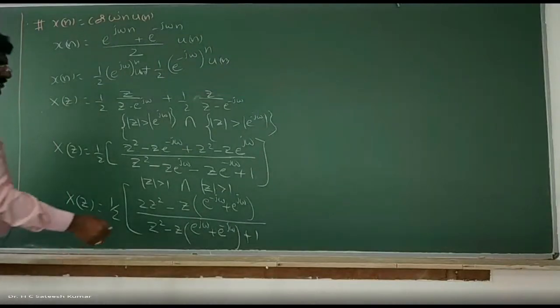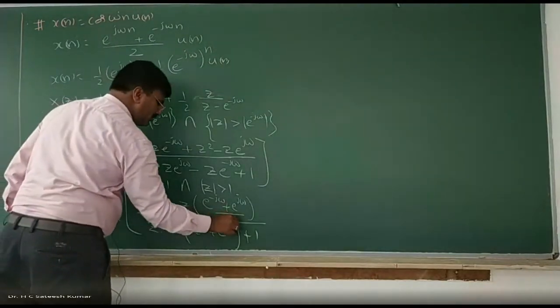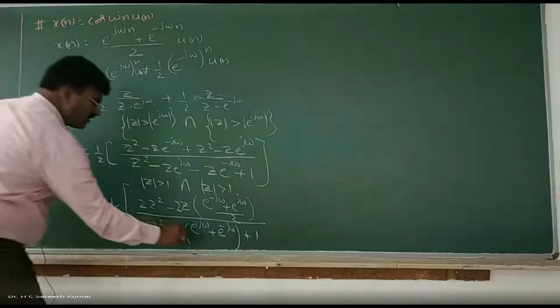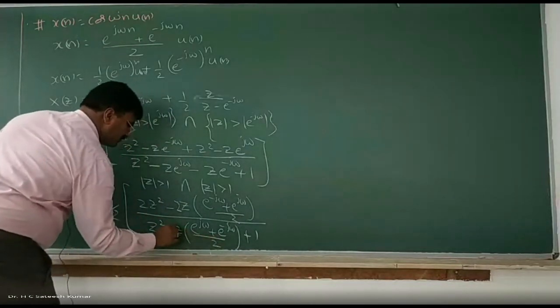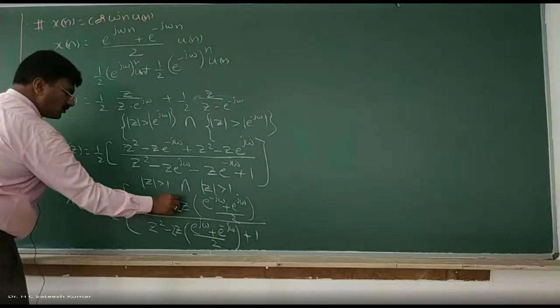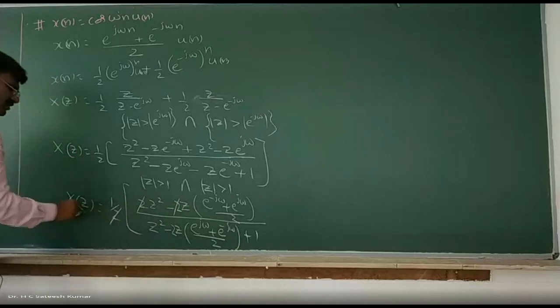Okay, right. This you divide by 2, multiply by 2. And this also you divide by 2, multiply by 2. Then what will happen? Take this 2 common. If you take this 2 common, it cancels with this 2.